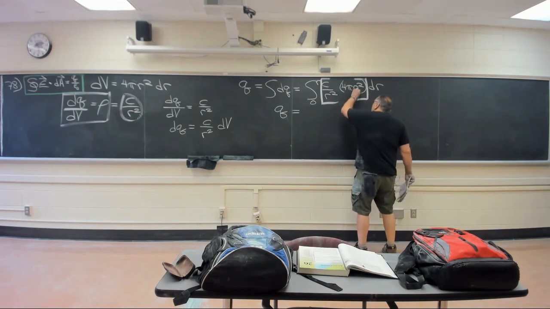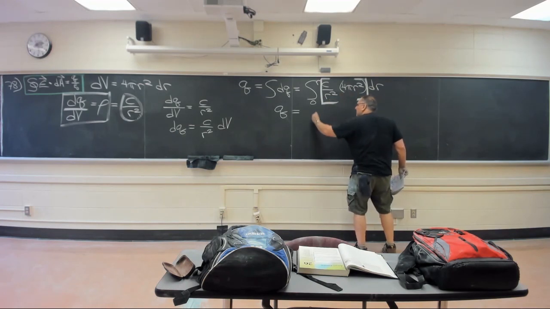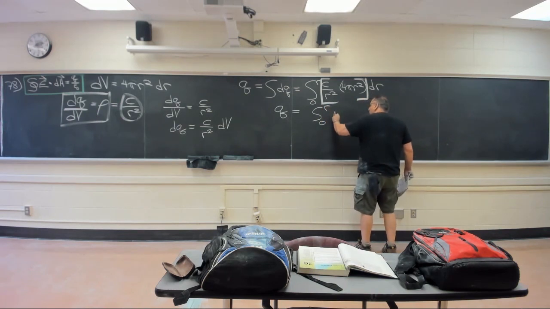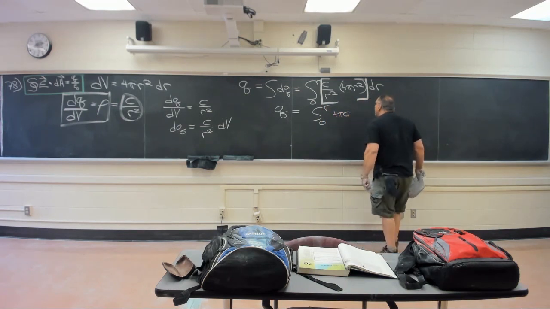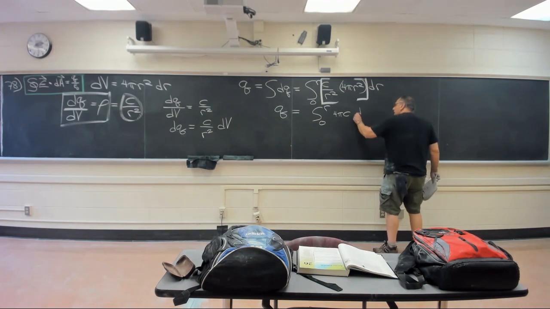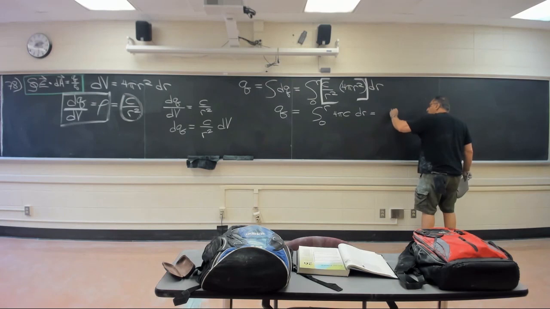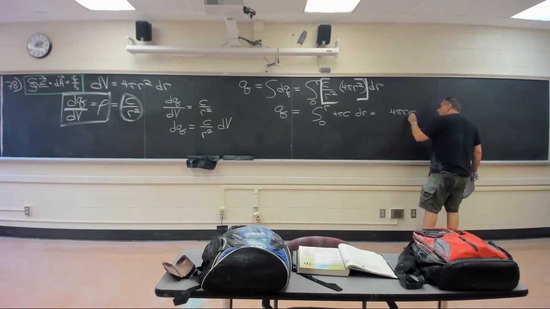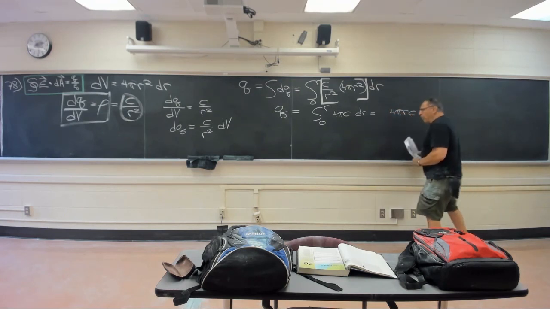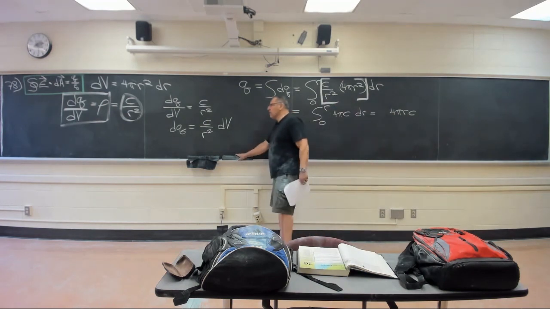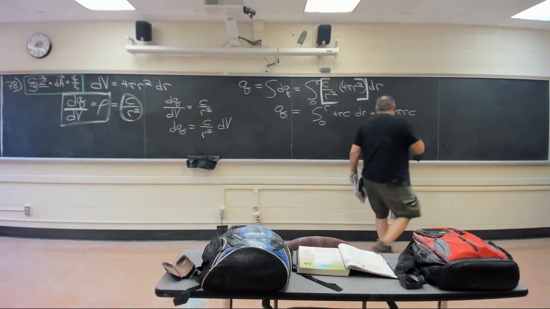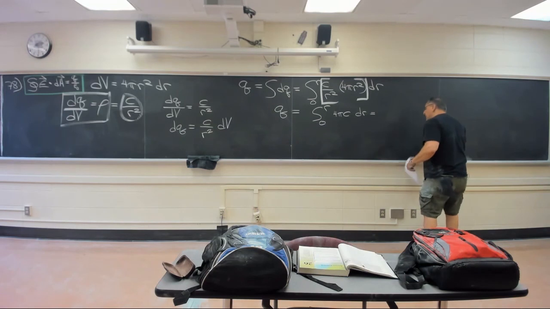The r squared and r squared cancel, and you're integrating 4 pi c dr, which is 4 pi c r. Doesn't really matter, that's not a big deal.